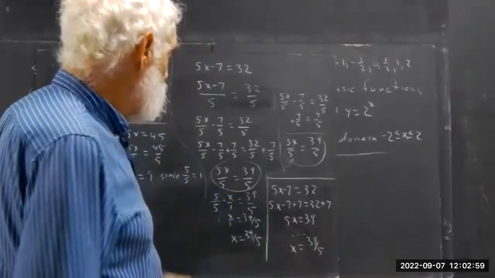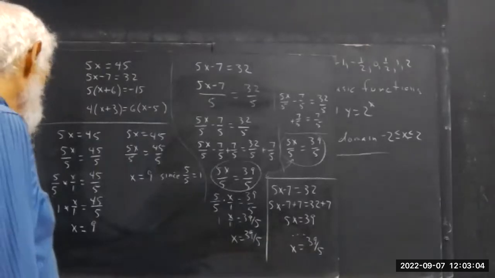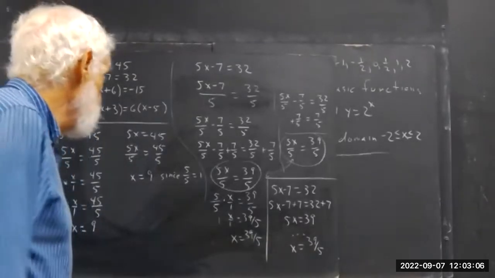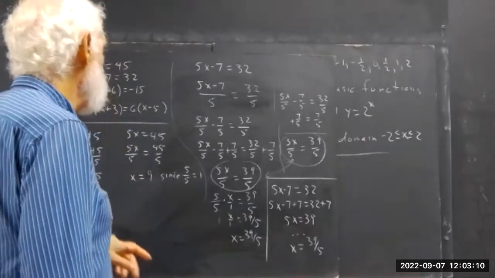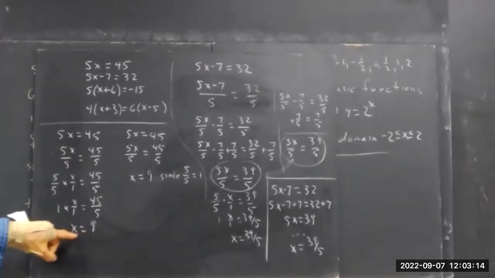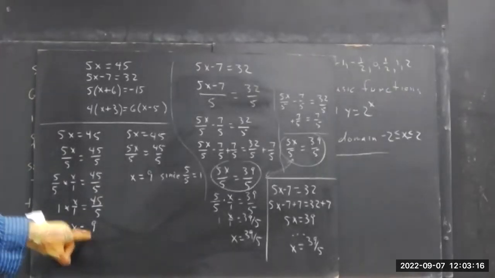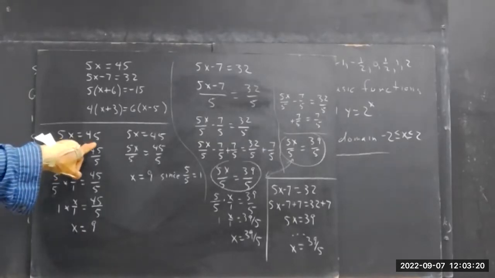Okay. So now we get this. Now, one thing I haven't done is what I'm told we need to do. We need to check solutions. So I didn't check solutions over here because it's really easy. If x is 9, we plug that back into the original equation. It says 5 times 9 is 35.